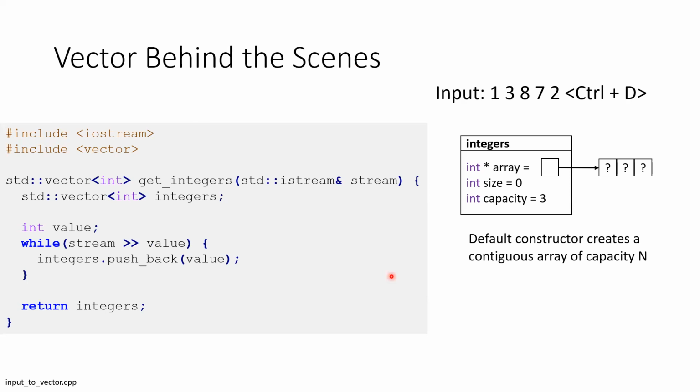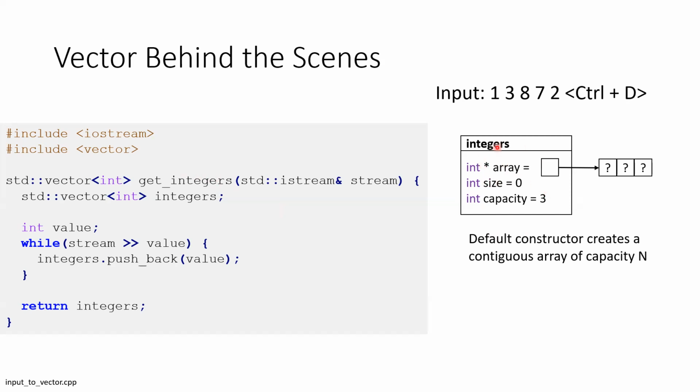So how do vectors actually work? This is the getIntegers function, where we are reading and pushing back values into the integers array. Let's trace it. This is the code that's behind the scenes, that's not shown to you.